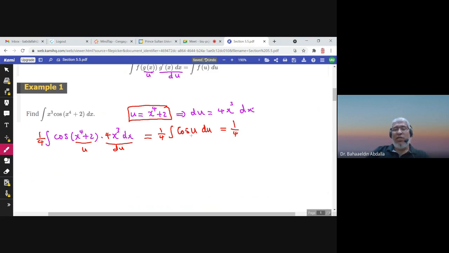So what is the integral of cosine? It is sine. That's it. And now you can go back and replace u by x to the power 4 plus 2. So this is the integral of this function. And you can check your answer by finding the derivative of this.